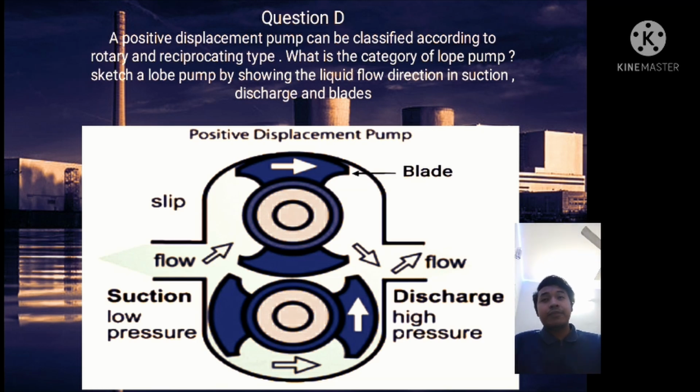Okay, for the benefits, these positive displacement pumps are perfectly suited for pumping hygienic products with higher viscosities. When the product becomes more viscous, the efficiency of the pump also increases.